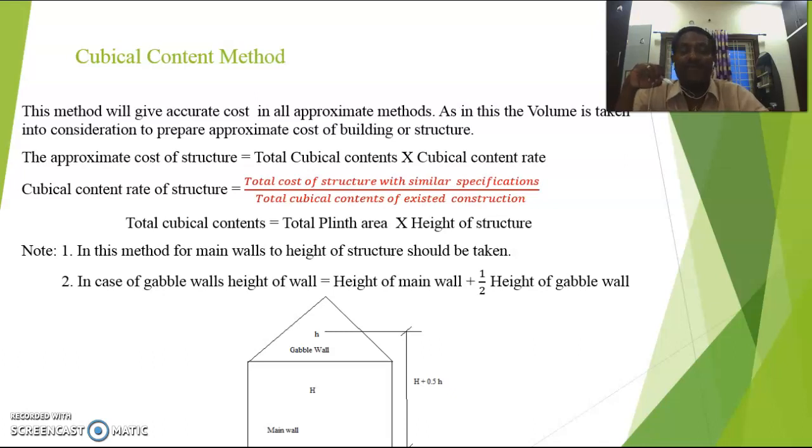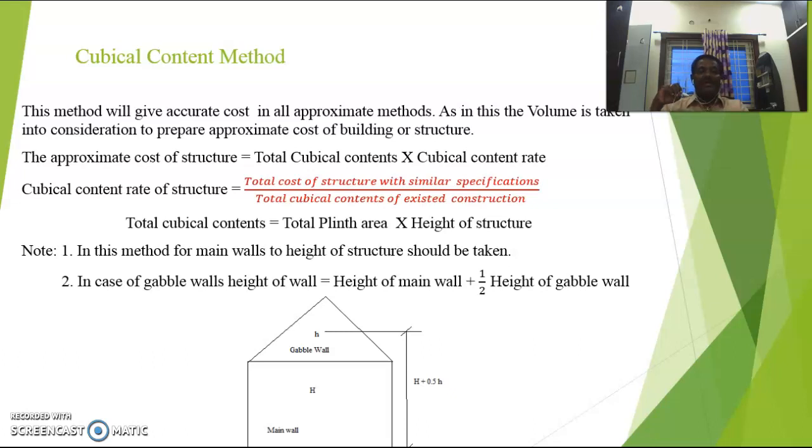It is a survey. That means he has to inquire from a number of sources, and he can give some idea when you want to sell your property, or if you want to purchase any property, you can get some inquiries from such a person. This is called a quantity survey.